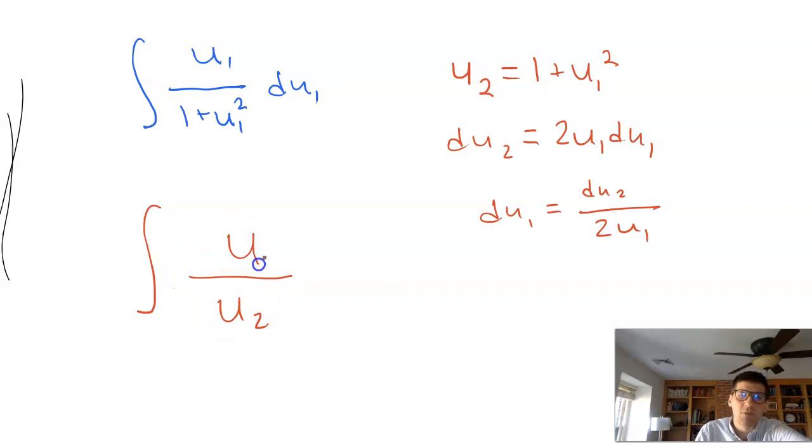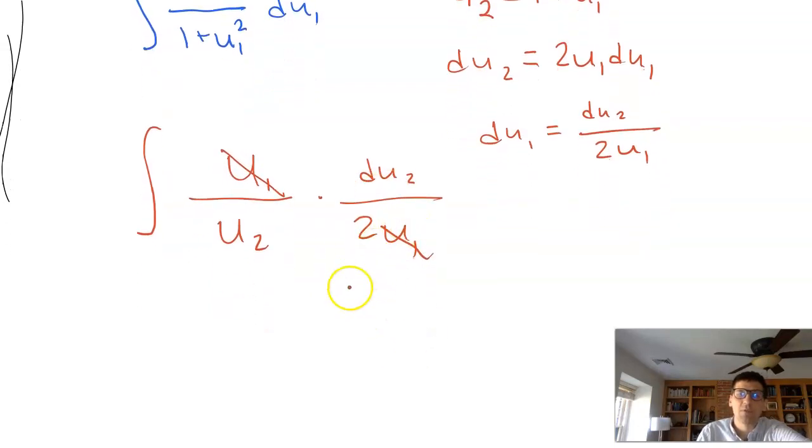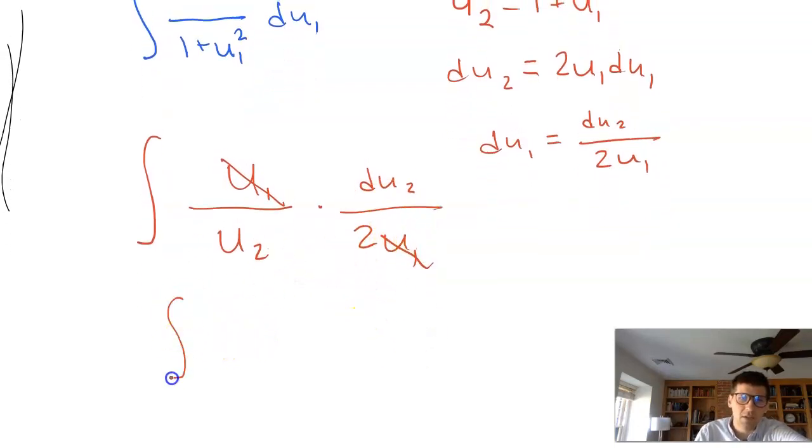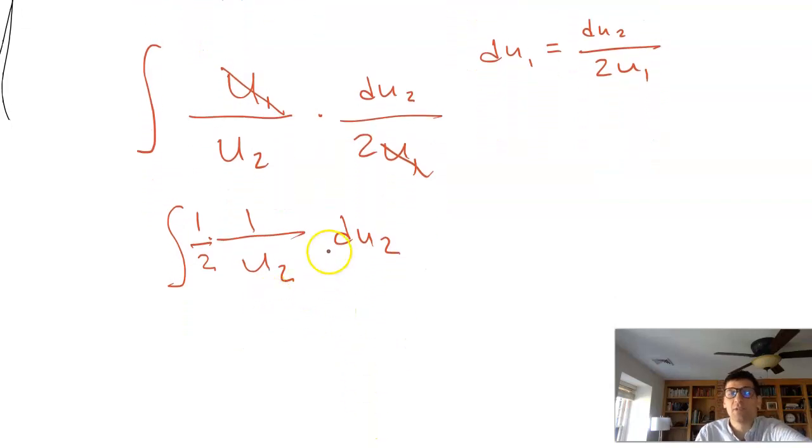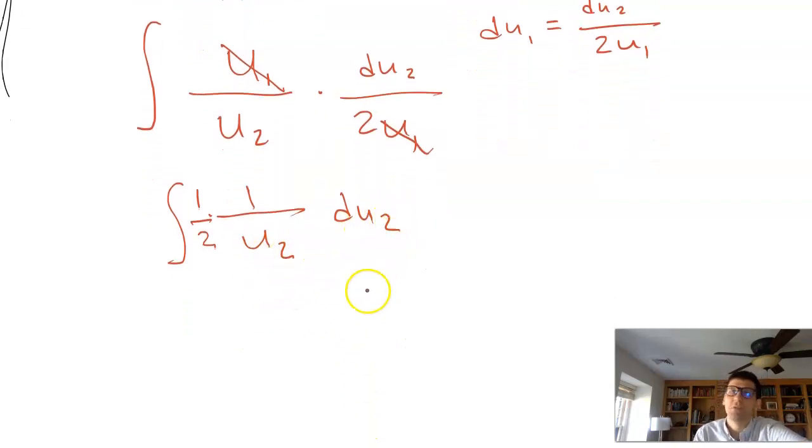And then I have u1 still up there, and I'm replacing du1 with this, so it's times du2 over 2u1. So it does end up getting it all just in terms of u2. So I have the integral of 1 over u2, and I could multiply it by a half to take care of this, and then du2. Now that I only have this u2 and du2, I can integrate.